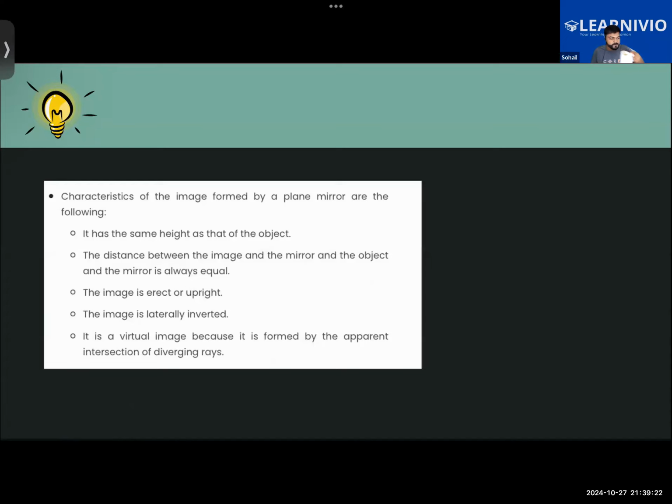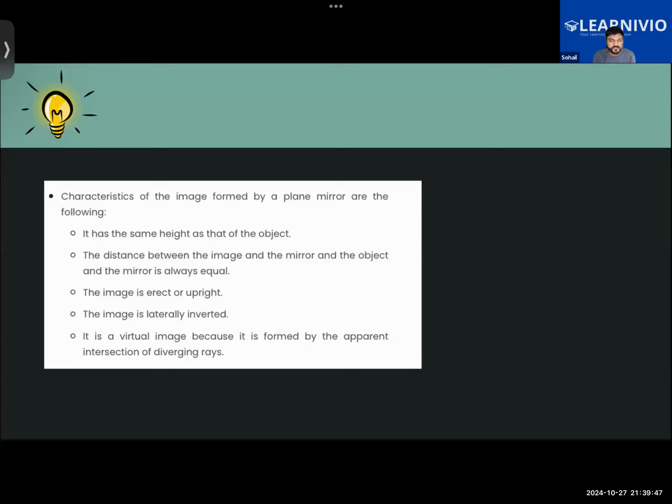Characteristics of the image formed by the plane mirror are the following. It has the same height as the object. The distance between the image and the mirror and the object and the mirror is always equal. The image is erect or upright. The image is laterally inverted.